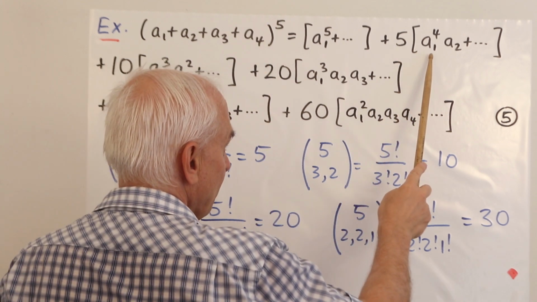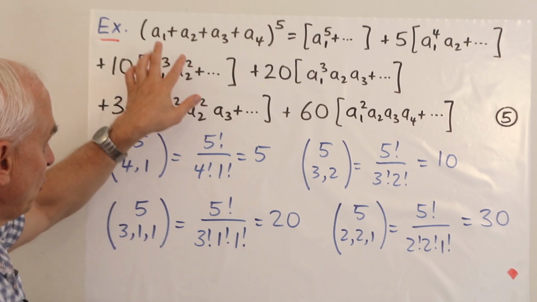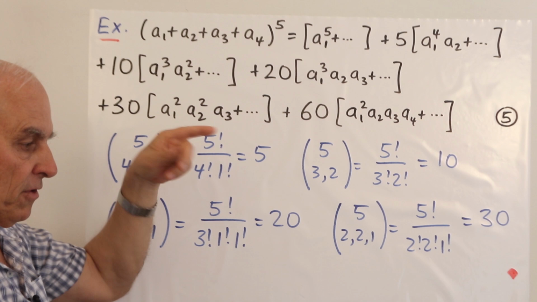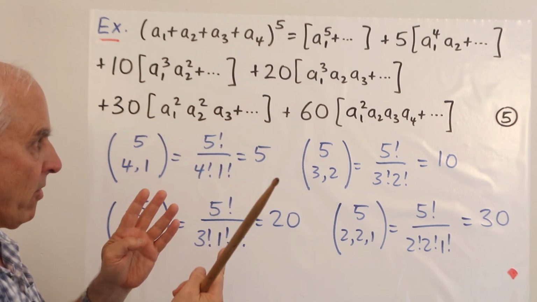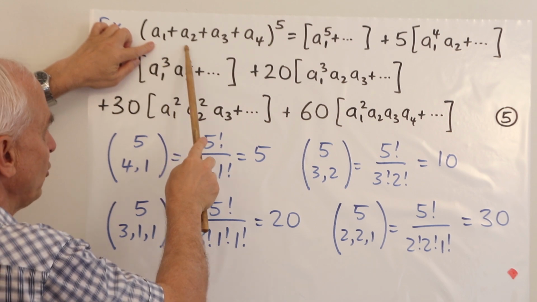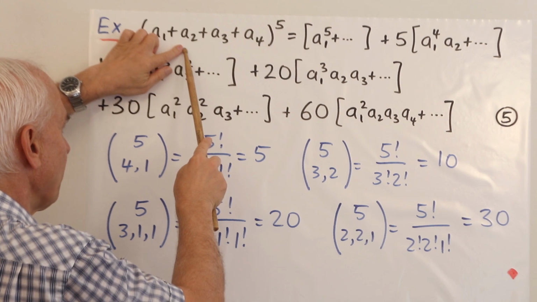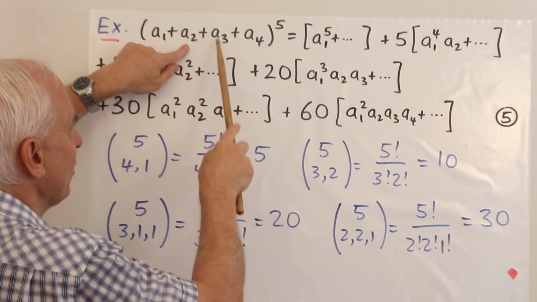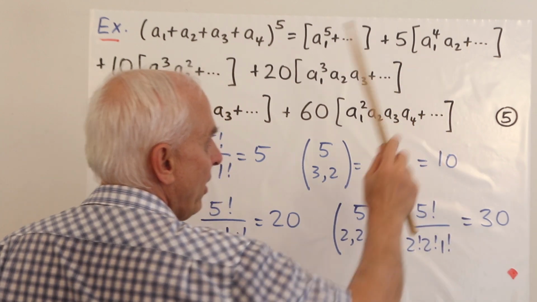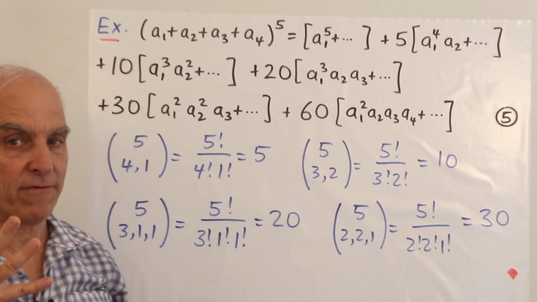The next term has a1 to the fourth a2. So it's a product of two of these things. Only two are being involved, and one of them is being involved to the fourth power and the other one to the first power. So there's a lot of those. There's a1 to the fourth times a2, a1 to the fourth times a3, a1 to the fourth times a4, a2 to the fourth times a1, a2 to the fourth times a3, etc. Okay, so that's what's all contained in the sum here, and we're saying that each one of those occurs with multiplicity 5.